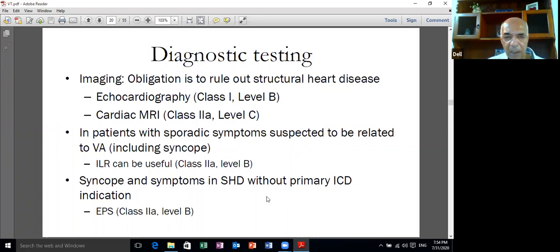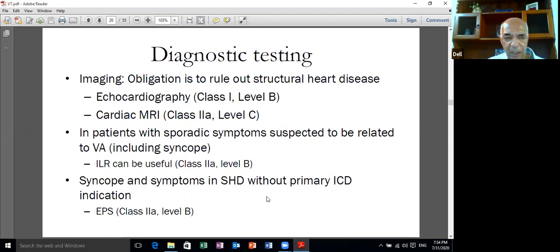If the patient is having sporadic symptoms associated with syncope that looks arrhythmogenic in origin, the patient falls and then comes up without any residua and unrelated to posture, this is the kind of syncope that's fearful, arrhythmogenic in origin. If the patient has symptoms suspected of arrhythmia and syncope, then an implantable loop recorder is our target in the investigation.